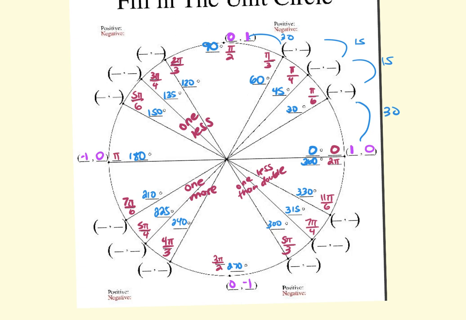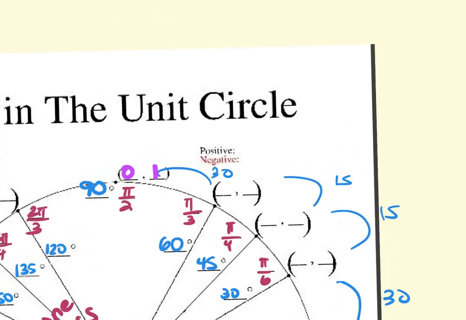And then for the coordinate points that are next to your radians, we follow this pattern. All the over 6's are root 3 over 2 and 1/2. We're going to worry about the positive negative sign in a minute, but every over 6 on this circle is going to have that coordinate point. Every over 4 has the coordinate point root 2 over 2 and root 2 over 2.